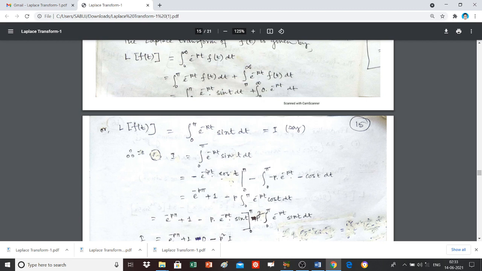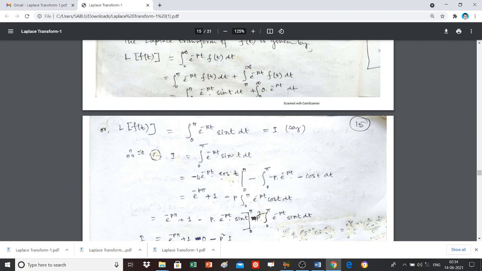So that is equal to e to the power, from here if you use the value t as pi, the upper limit, this will give you e to the minus p pi, then cos pi means minus 1, that is e to the minus p pi with a plus sign. After that, if you use t as 0, this term will give you 1, and this term will give you 1.